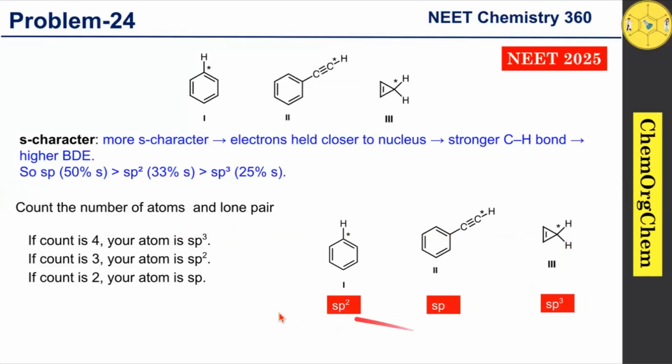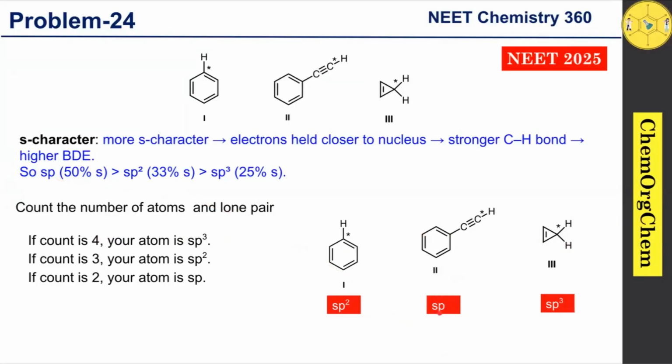Now we have successfully found the hybridization of the particular CH bond in all the molecules. Based on that, we can easily arrange the order of bond dissociation energy. Based on this series, sp has the highest s character, which means higher bond dissociation energy.